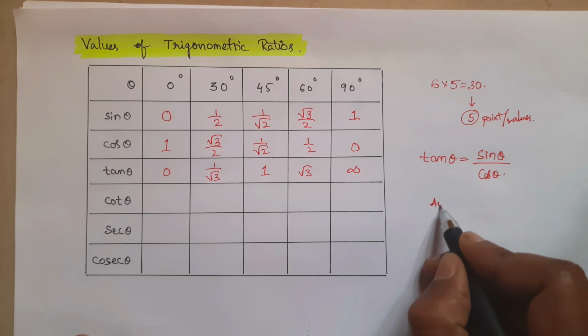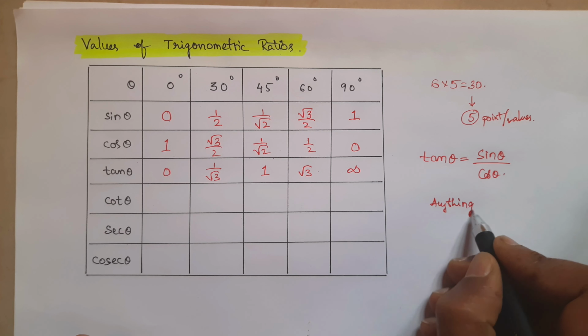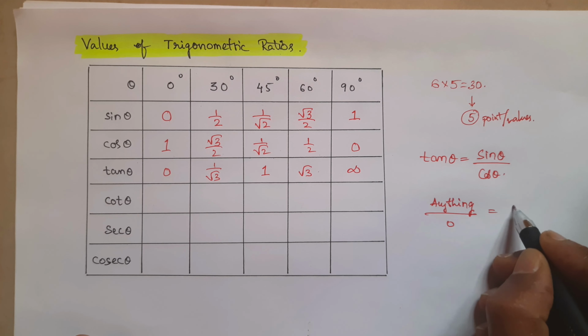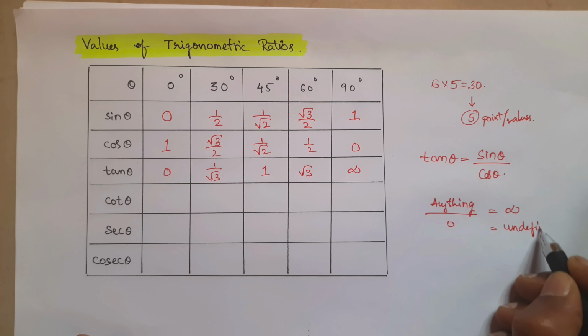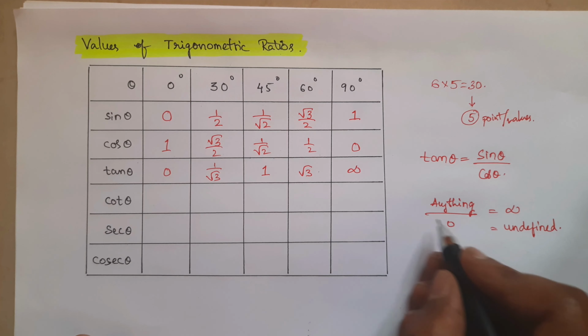Why? Because anything by 0 is always infinity, we will write, or else we can write undefined. Okay, remember this.